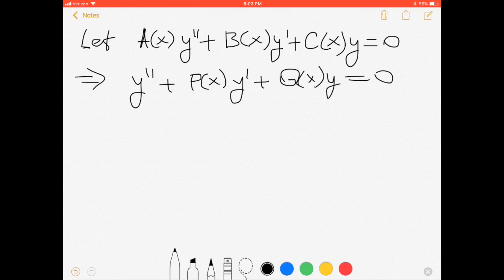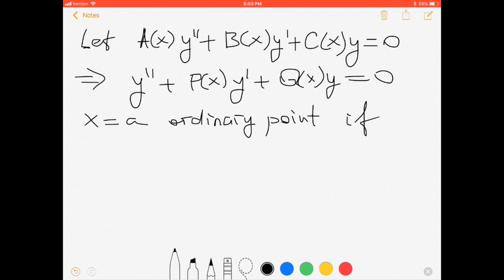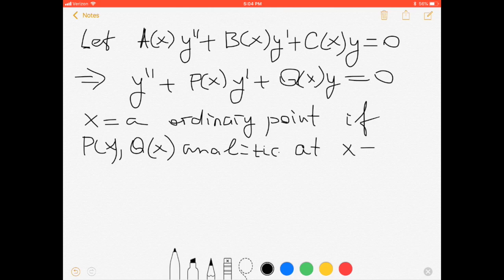And then we have a definition. A point x equals a we call an ordinary point for our equation if both of our functions p(x) and q(x) are analytic at x equals a.